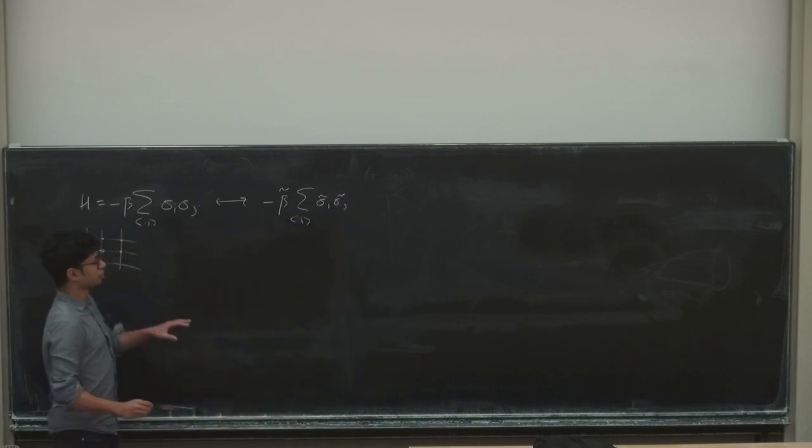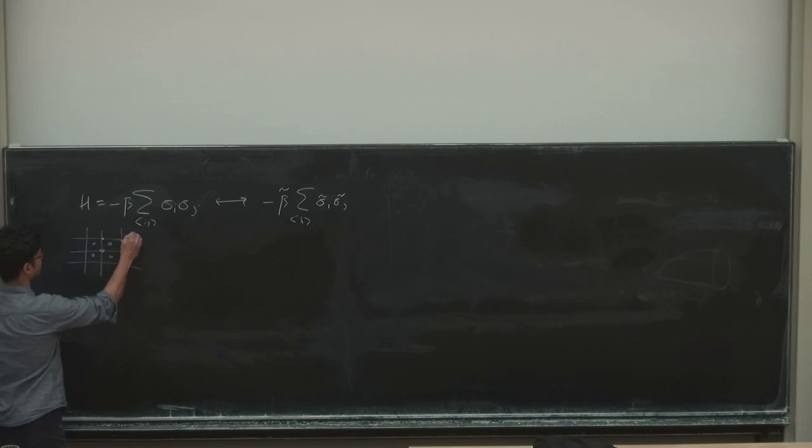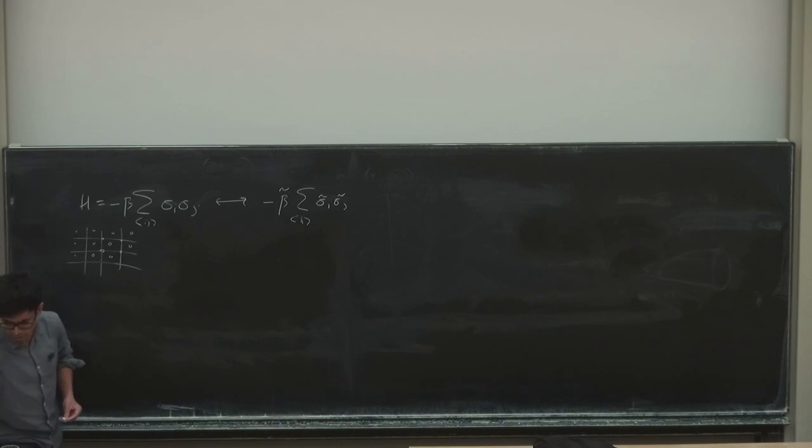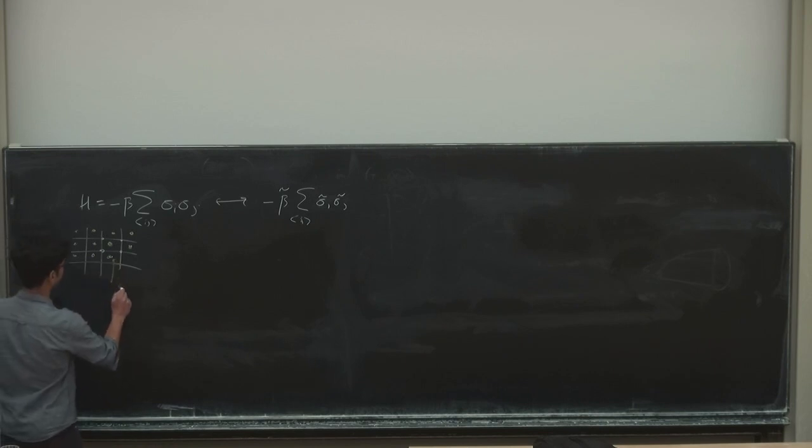Okay? So if you run a duality on this, then what you find is that you naturally get degrees of freedom which are valued on the dual lattice and not on the lattice. Okay? And these are now the sigma i twiddles. So these guys are the sigma i twiddles.